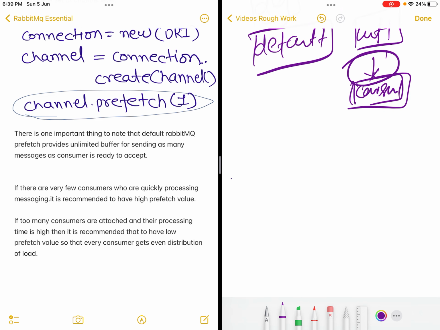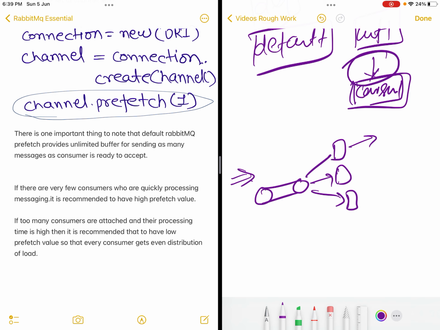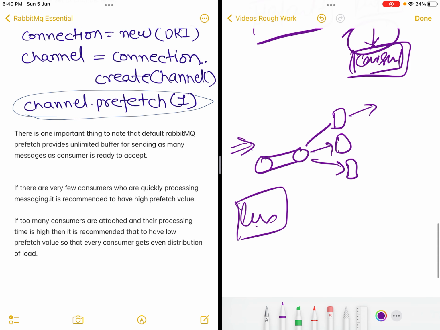Now comes one more optimization, at the level of the number of consumers. Suppose you have one queue with too many consumers attached and they are all pretty fast. When you have too many consumers, you should keep the prefetch count at a low level. Let's try to understand why.